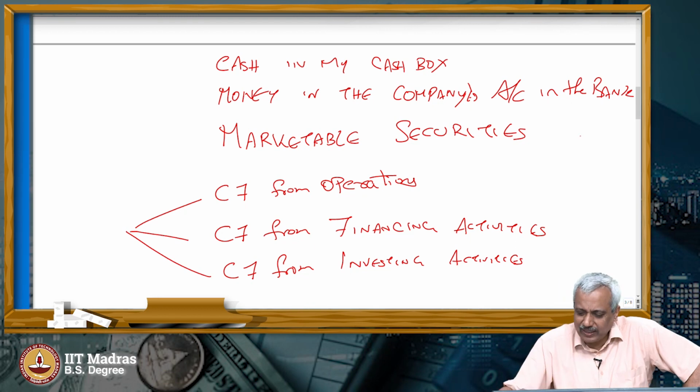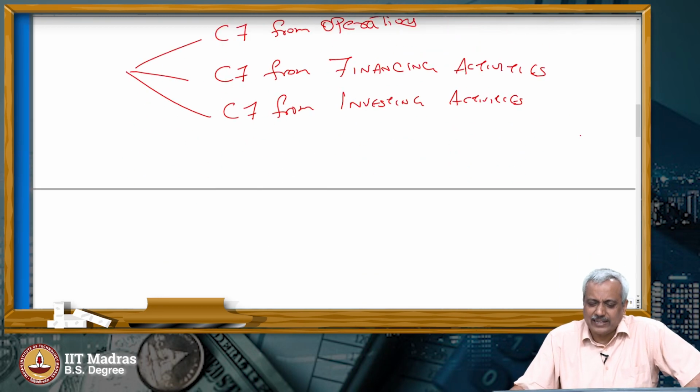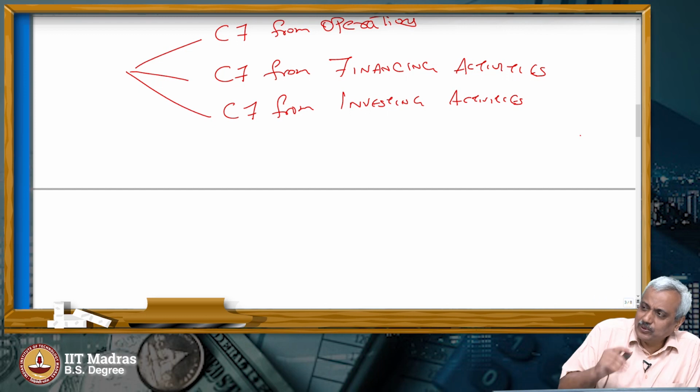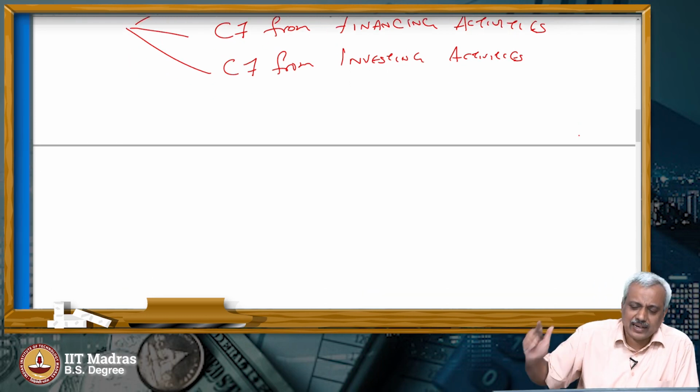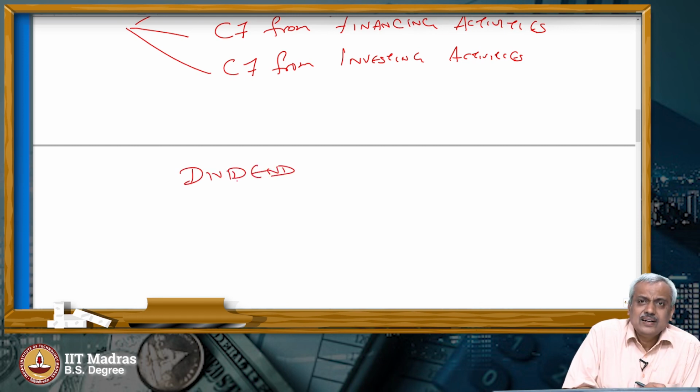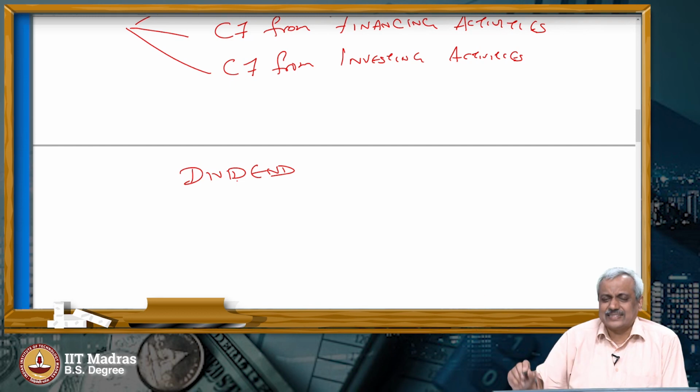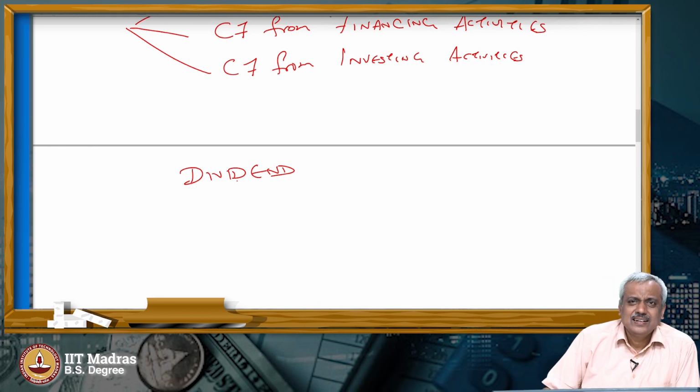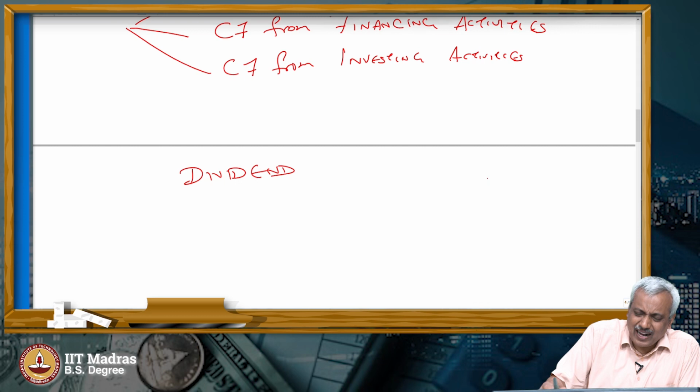Now that I have used the word dividend, let me go back and explain what a dividend is. I don't think I have explained what a dividend is earlier. Again we will come back to it. I talked about equity share in the last class. Now the profits are distributed to the equity shareholders, as you know.